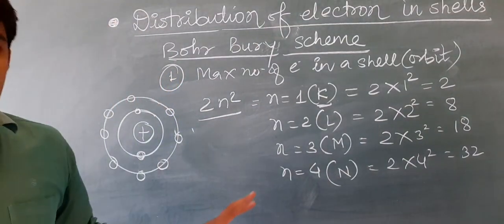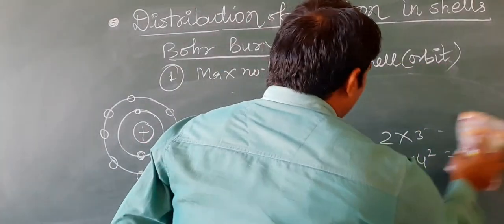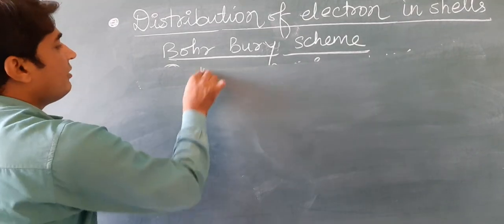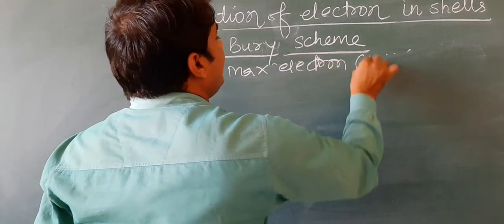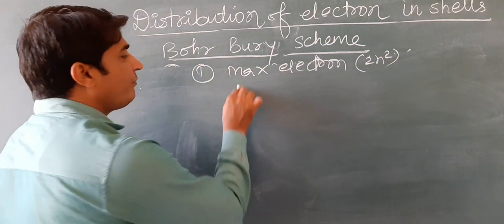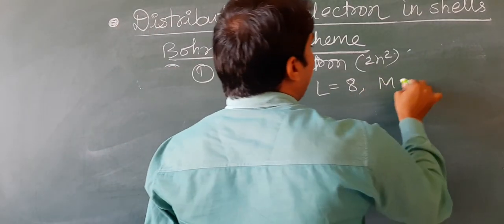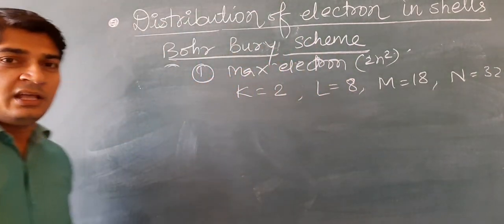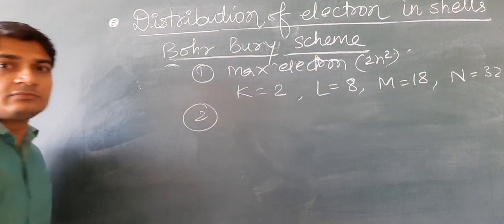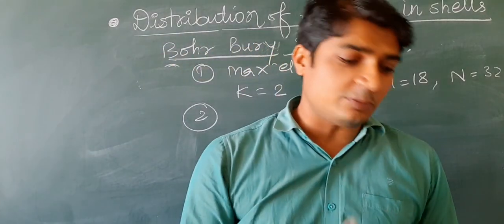Okay, so this was the first point. How many maximum electrons can be filled in each cell? First point, maximum electron in a cell, that was given by 2n square. So we found in K maximum 2, in L maximum 8, in M 18, and 32, like this. Second point, how many maximum electrons can be filled in outermost cell?